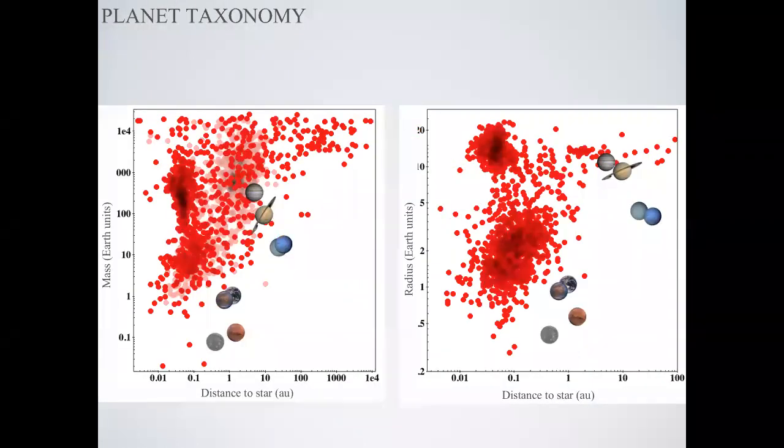In any case, here you have radius and masses confronted with the distance to the central star, the host star. So again, you see that the solar system is not characteristic. The planets that we find here are not common, both in terms of mass and in terms of the disposition, the hierarchy within the planetary system.